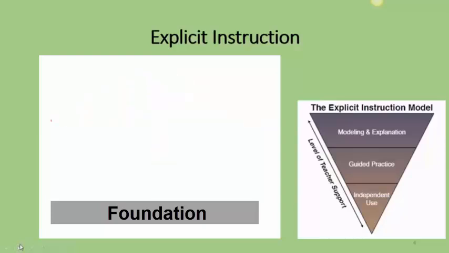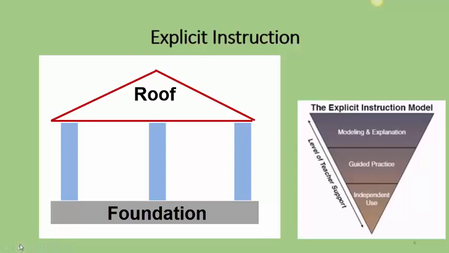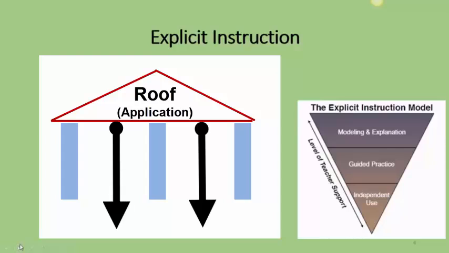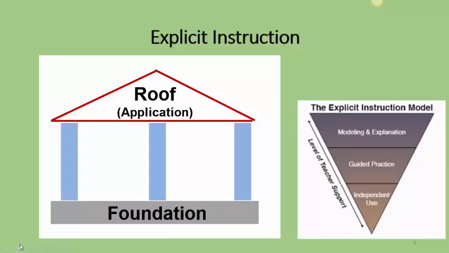You need to do the explanation and modeling and guided practice. Those are really important before you move on and put the roof on, which is the application phase. And if you do the explanation and modeling and then move on to application, your students' learning will collapse, just like your house will collapse if you put the roof on too quickly.